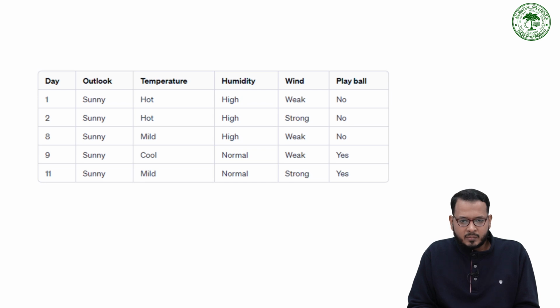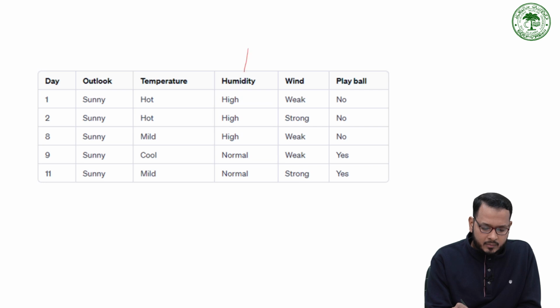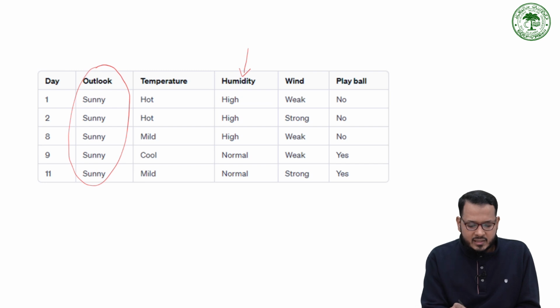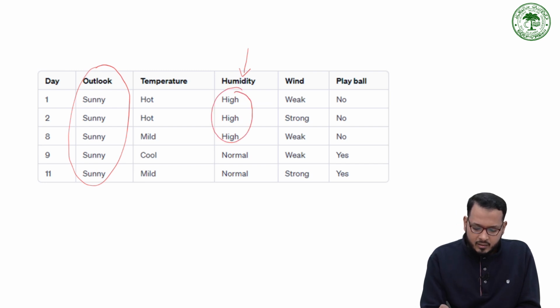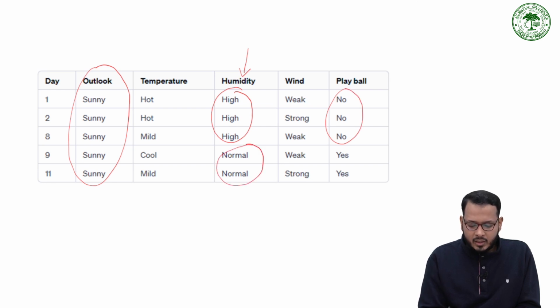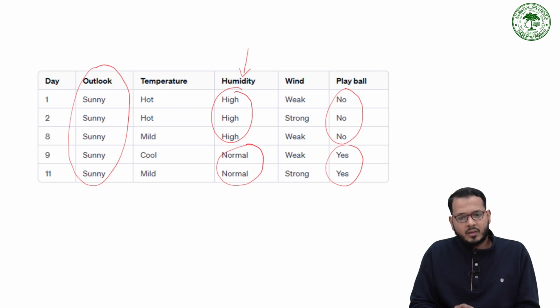As you can see from this table, partial table of outlook being sunny, if we focus on humidity now as the next attribute, you can easily see that whenever the humidity is high, the answer is no, and when the humidity is normal, the answer is yes.